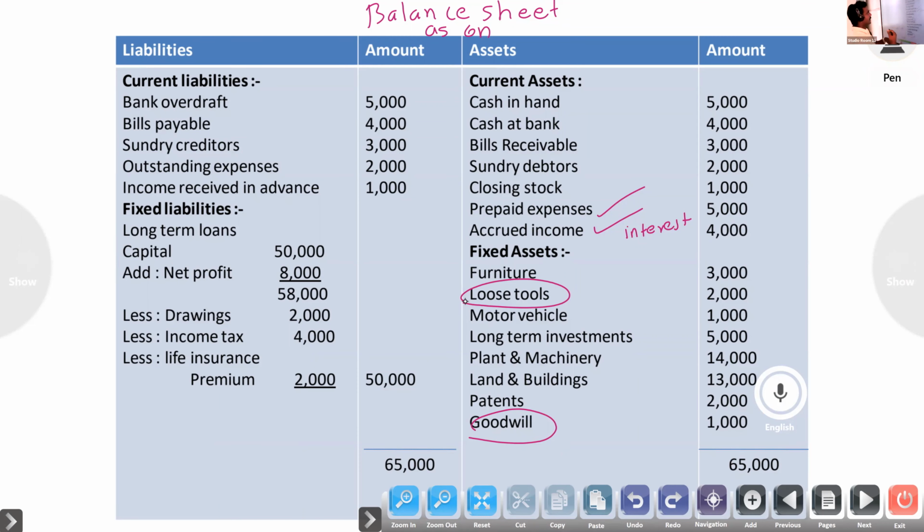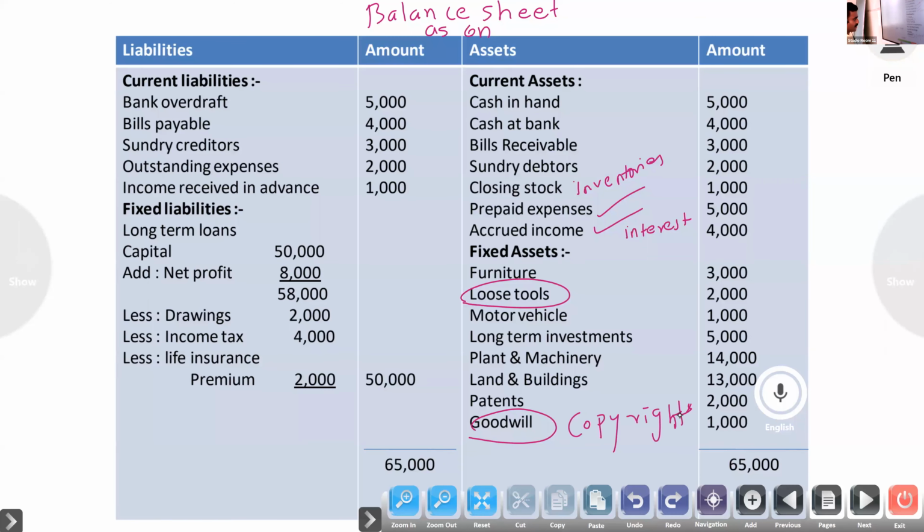Next year you will study the new format of a balance sheet. Loose tools will come under inventories. Instead of closing stock, they will write inventories. So loose tools, motor vehicle, investment, plant and machinery, land and building, patent, goodwill, copyright, all intangible assets.